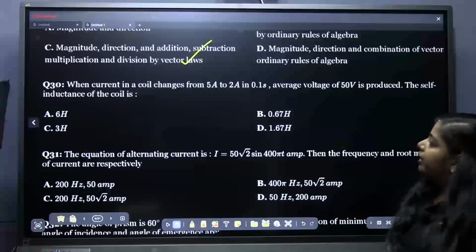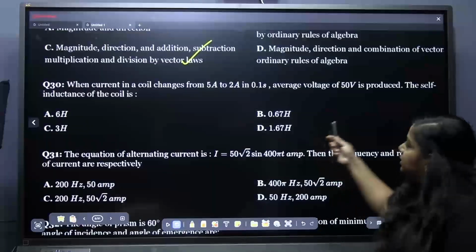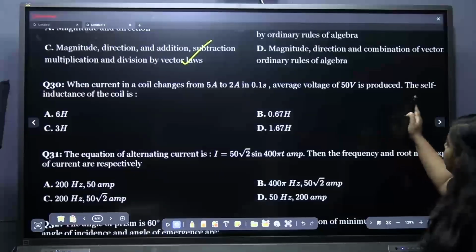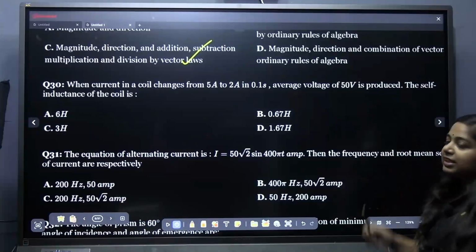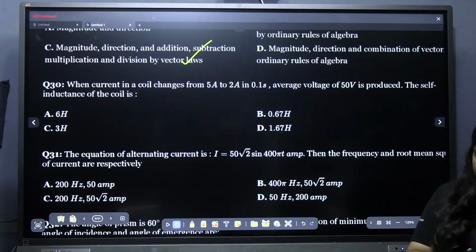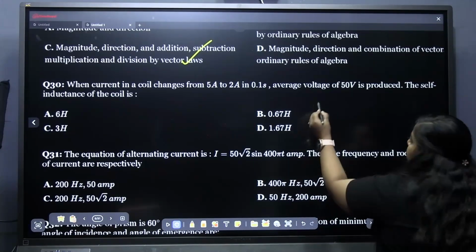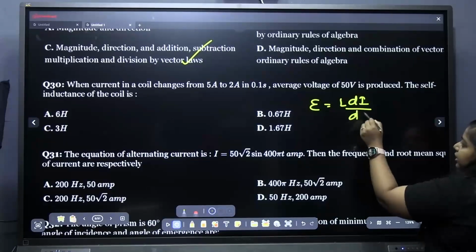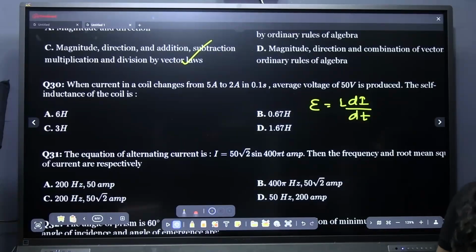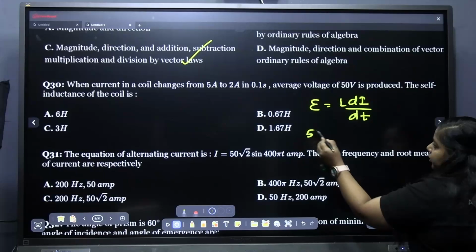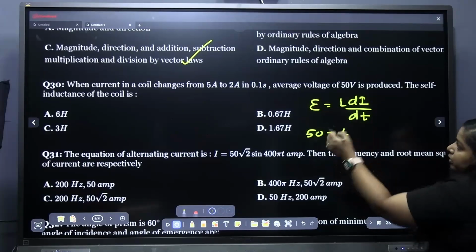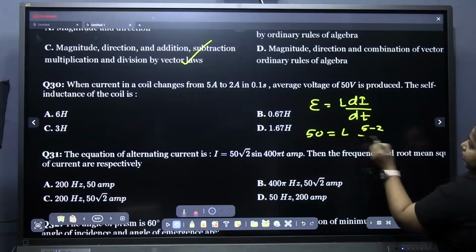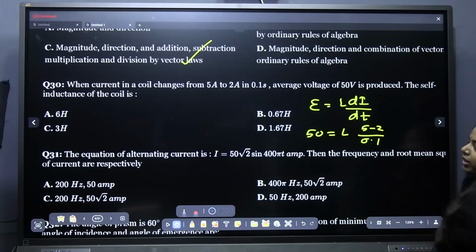Next one. When current in a coil changes from 5 ampere to 2 ampere in 0.1 second, an average voltage of 50 volt is produced. Self-inductance of the coil is? For this, induced EMF equals L di by dt. This formula we will use. So 50 volt is produced for L into the change in current, 5 minus 2, divided by 0.1.